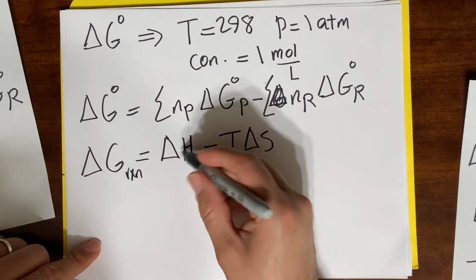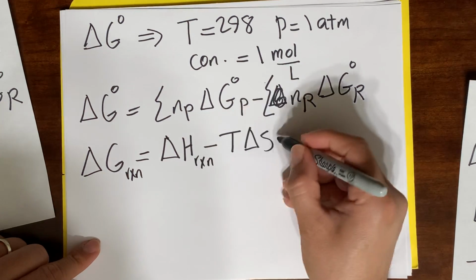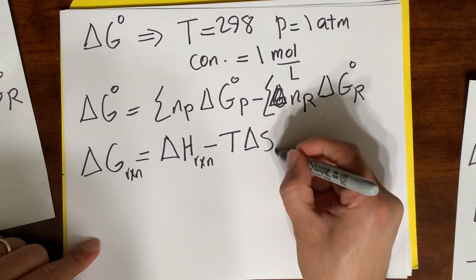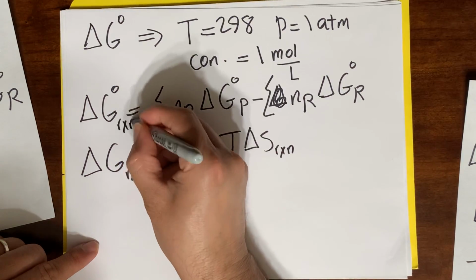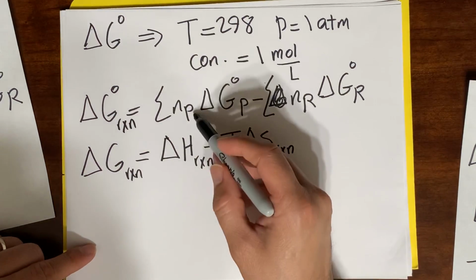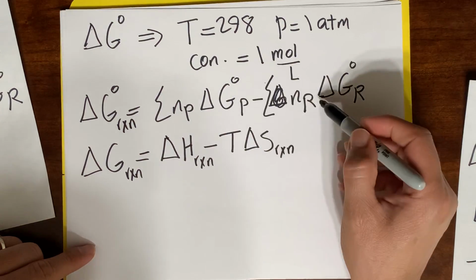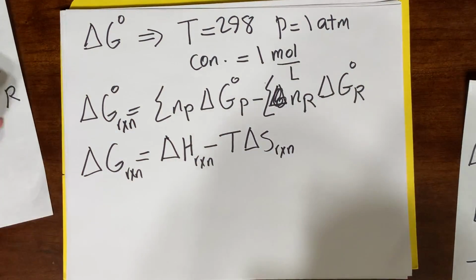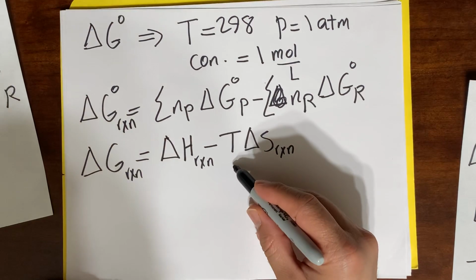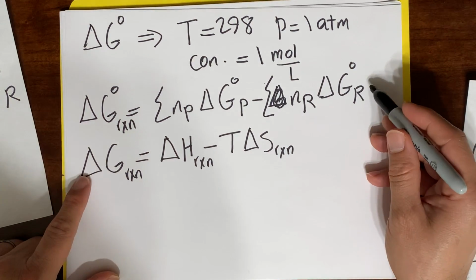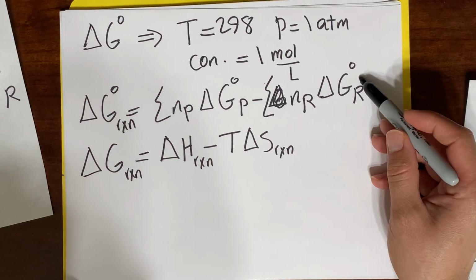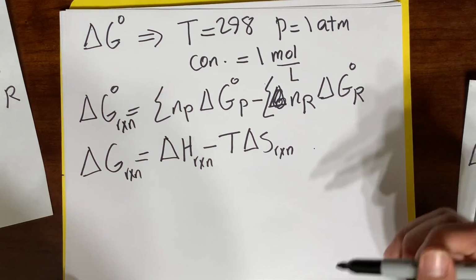This is going to be delta H of the reaction, this will be T delta S of the reaction. Delta G of the reaction will be delta G of the product minus delta G of the reactant. For any condition, second; first one only for the standard condition.